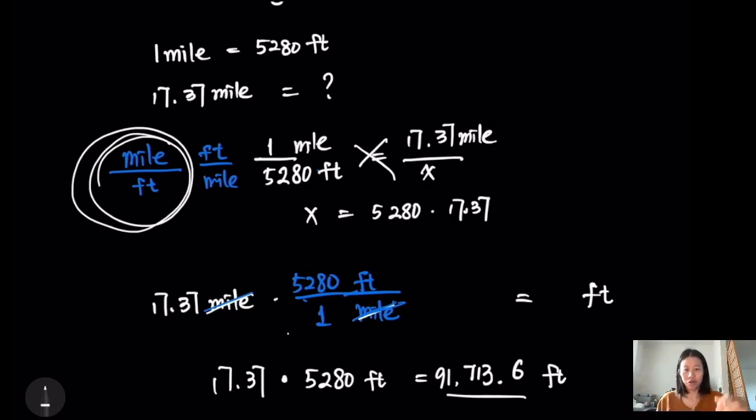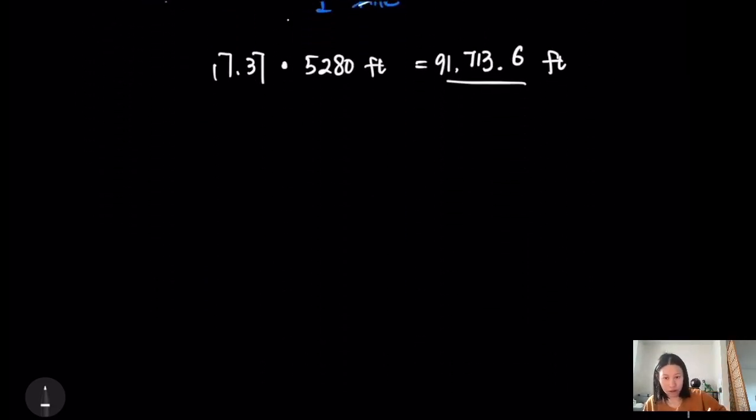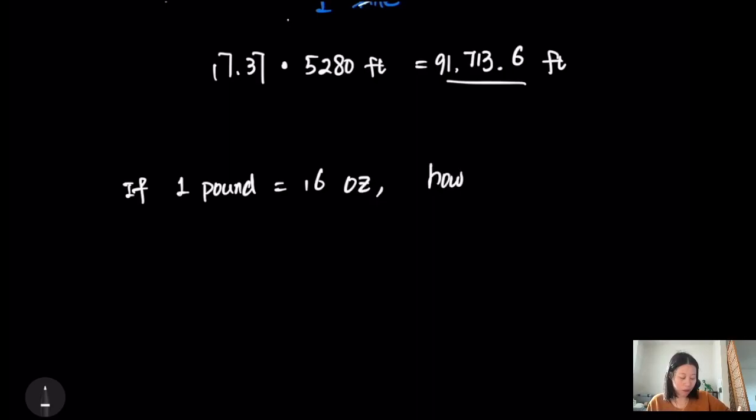Okay, so here is another example. If 1 pound equals 16 ounces, how many pounds is 435 ounces?